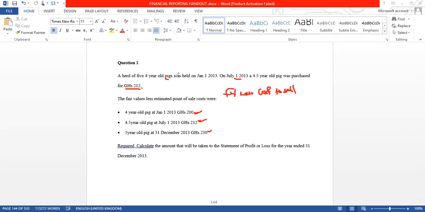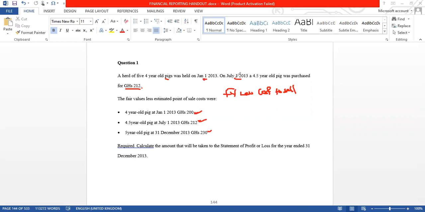So we have a herd of 4-year-old. So we have this at January. On July, 4.5-year-old. So it means that as at this time, the animal is 4-year-old.